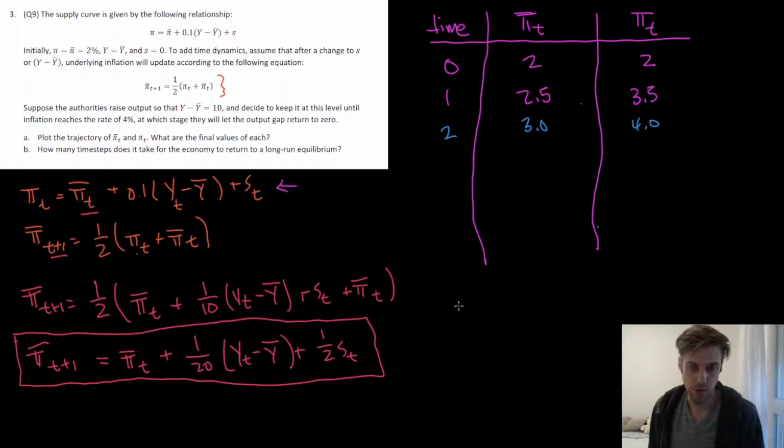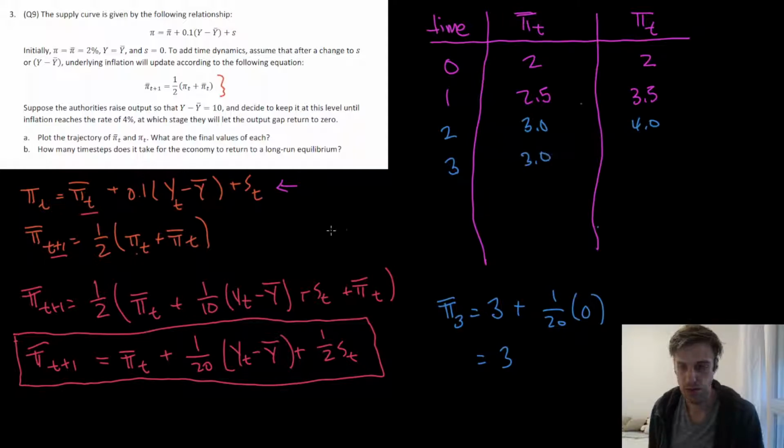So let's do a couple more steps. At time 3 for pi bar 3, it's going to be pi bar 2, which is 3, plus 1/20th of the output gap, which is 0. So this is just going to be 3. So that stays put.